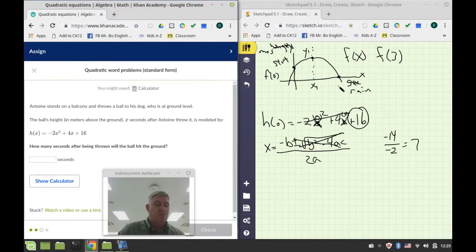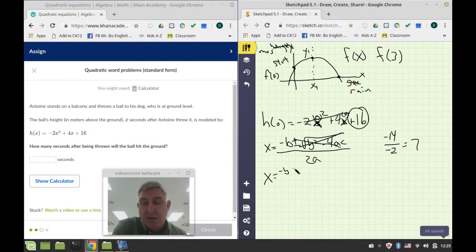And in order to find zeros, we can use our quadratic formula, negative b plus or minus square root of b squared minus 4ac all over 2a. And let's see, this is already in standard form, so a is negative 2 and b is 4 and c is 16.